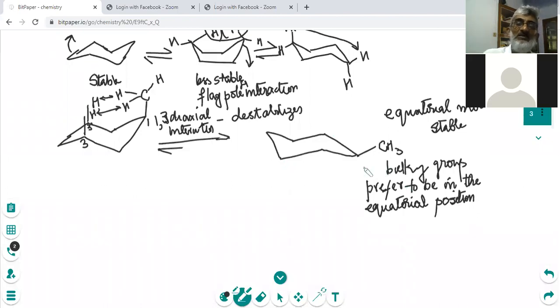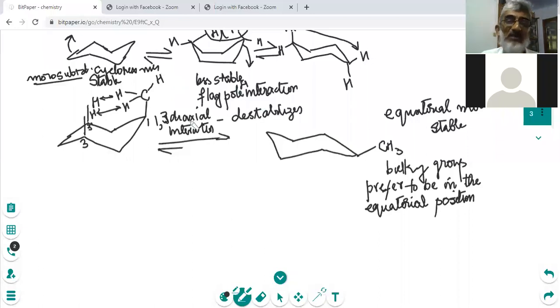So this is the mono-substituted cyclohexane. What is the brief about it?